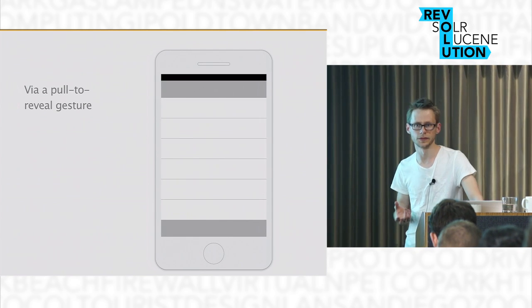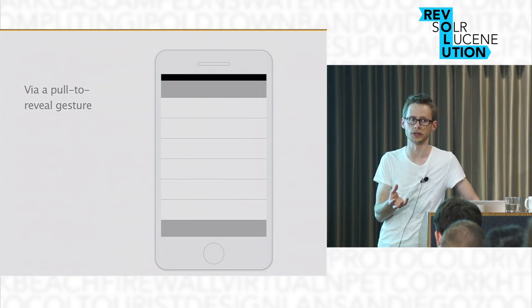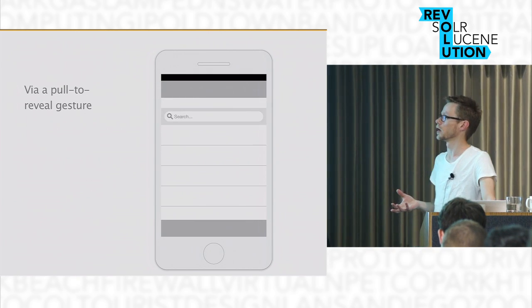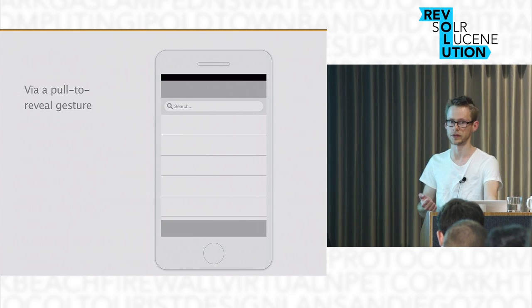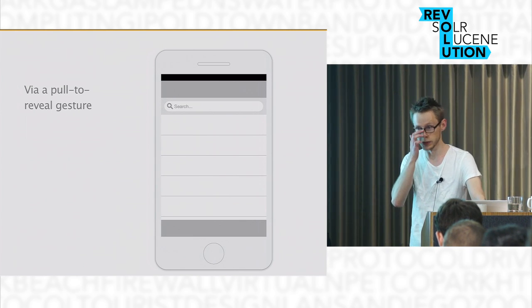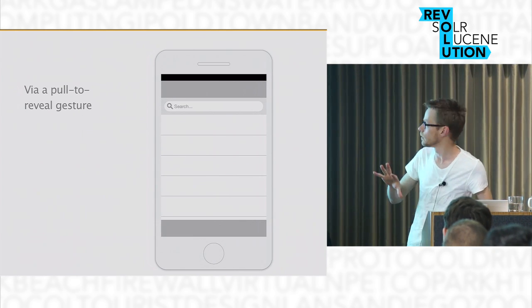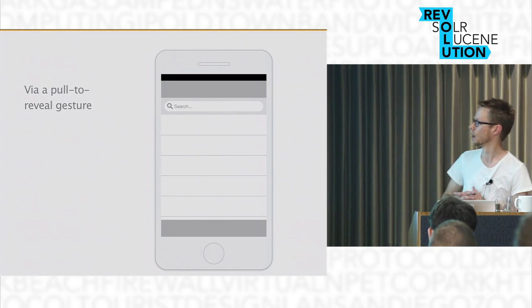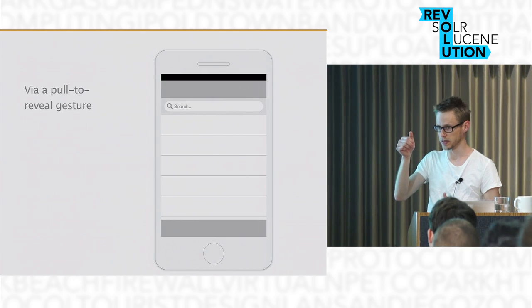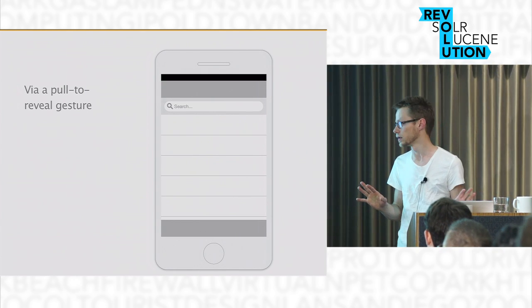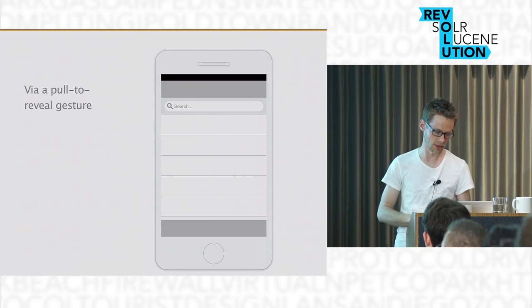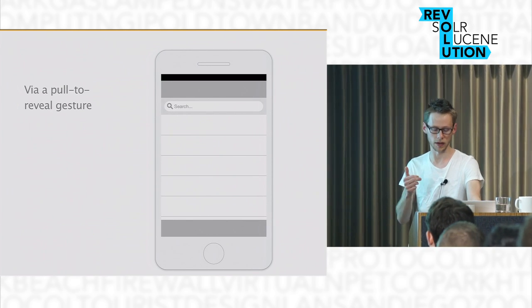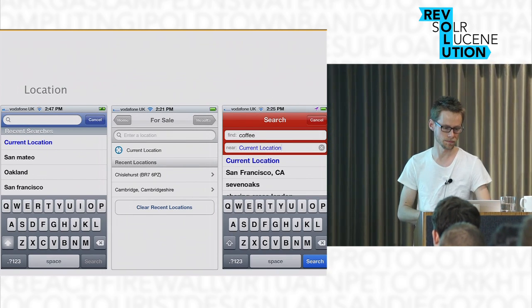Or if search is a secondary feature of your mobile experience, you could hide it behind a pull to reveal gesture, which is fine when search isn't the primary means of interaction. The benefit is, it's there when the user needs it and not getting in the way when they don't. But the downside is it's less discoverable. They might not ever find it.